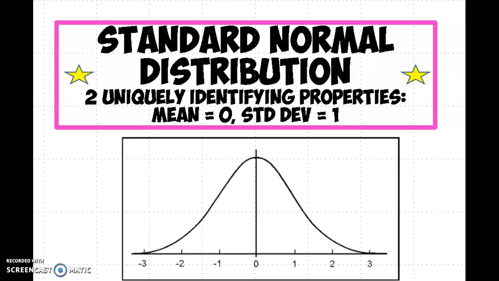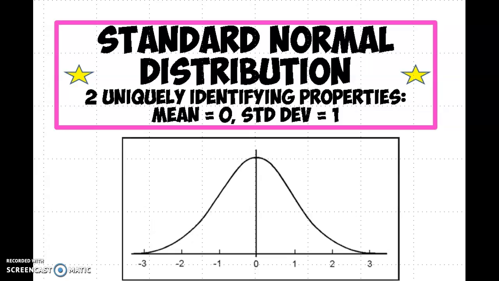When we talk about normal distributions, there is one very specific normal distribution that we relate all other normal distributions to, and that is the standard normal distribution. And there are two uniquely identifying properties of the standard normal distribution that identify it as standard. And that is the mean mu is equal to 0 and the standard deviation sigma is equal to 1.